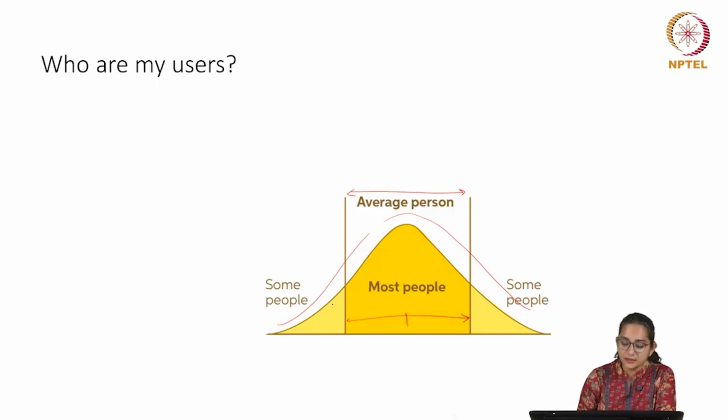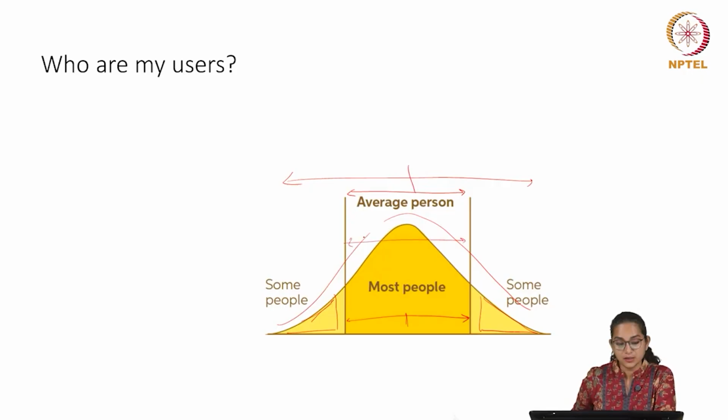And then the tail cases are always smaller chunk of people, right? So a bell curve is usually that, and whatever the parameter is on the x-axis, there's always an average which falls under the majority.